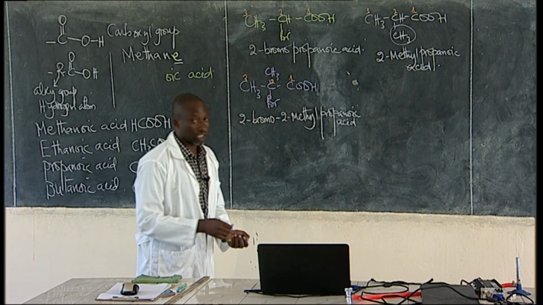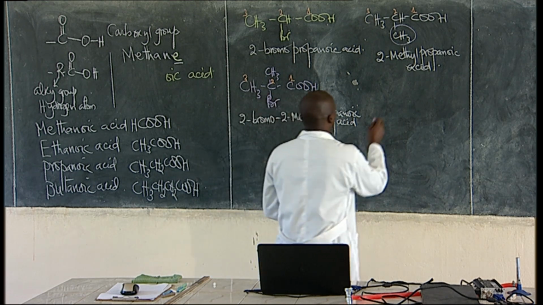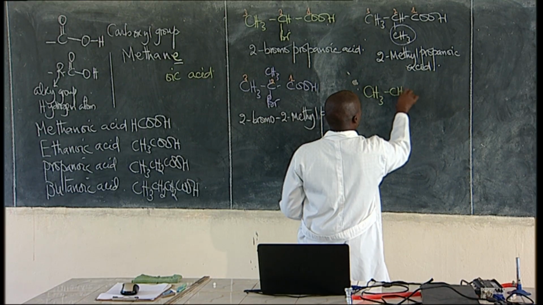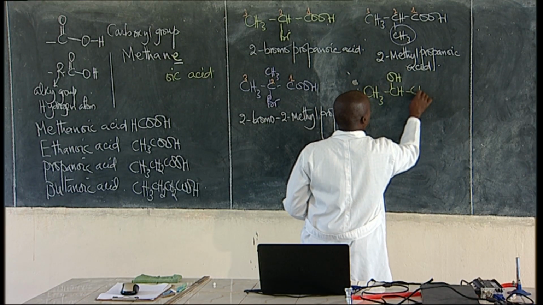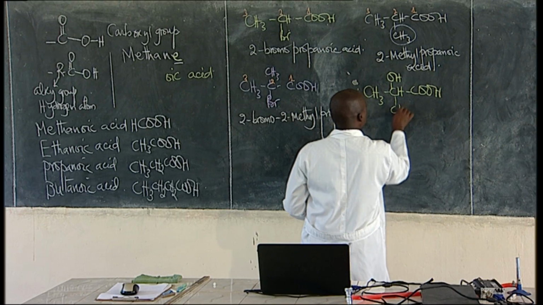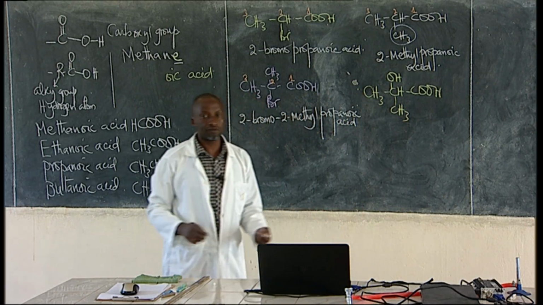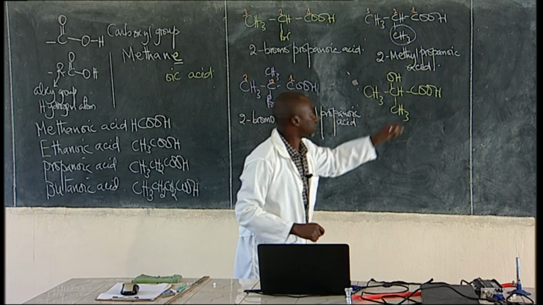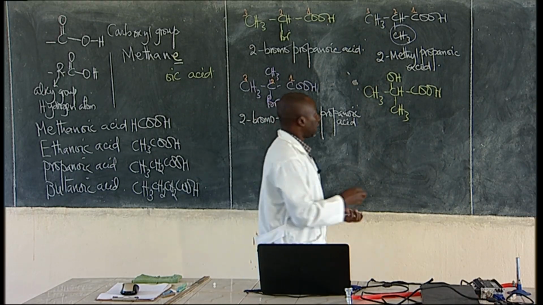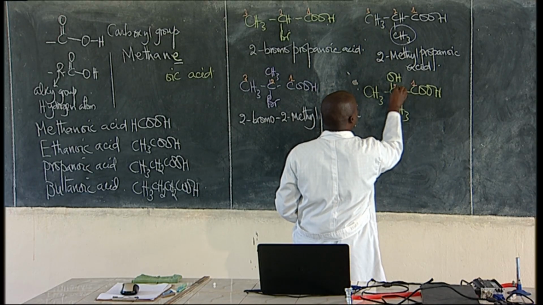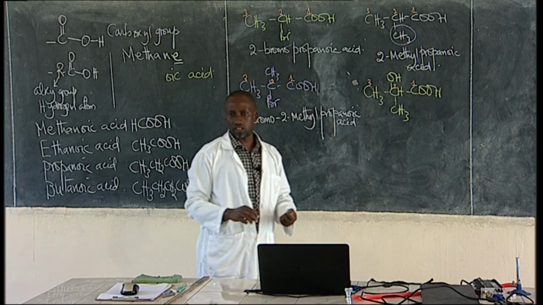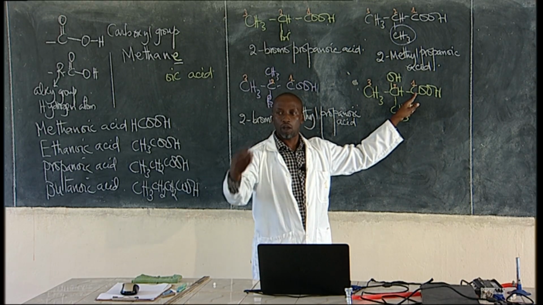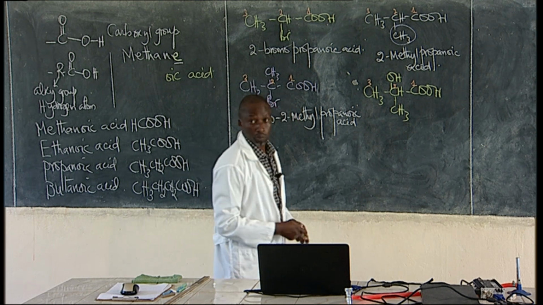We can have another simple example. CH3, CHOH, COOH, CH3. So you're having the hydroxyl group, and then you have the methyl group. As we said earlier, make sure you have the longest chain, but always the carbon that contains the carboxyl group is carbon number 1.